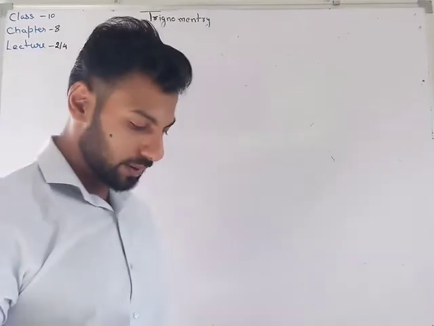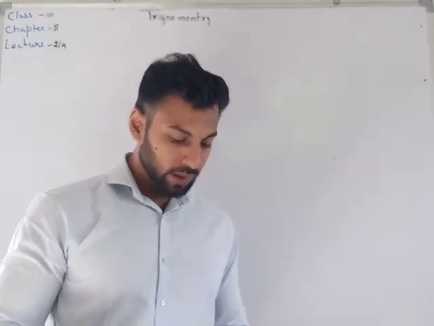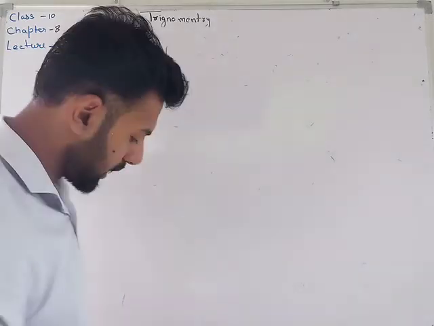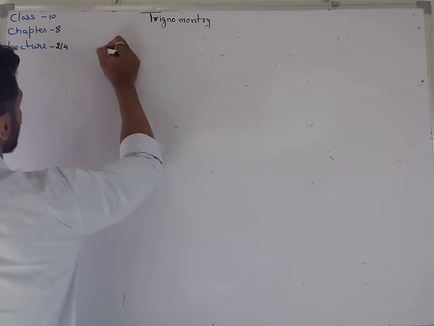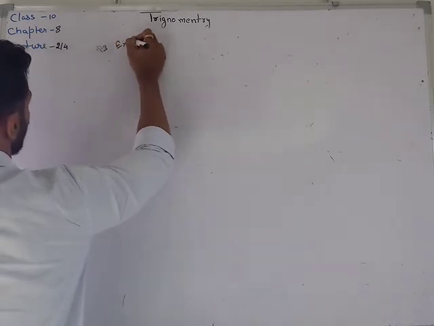One more question is there. If tan A plus B is equal to root 3. This is question number 3 of exercise 8.2.